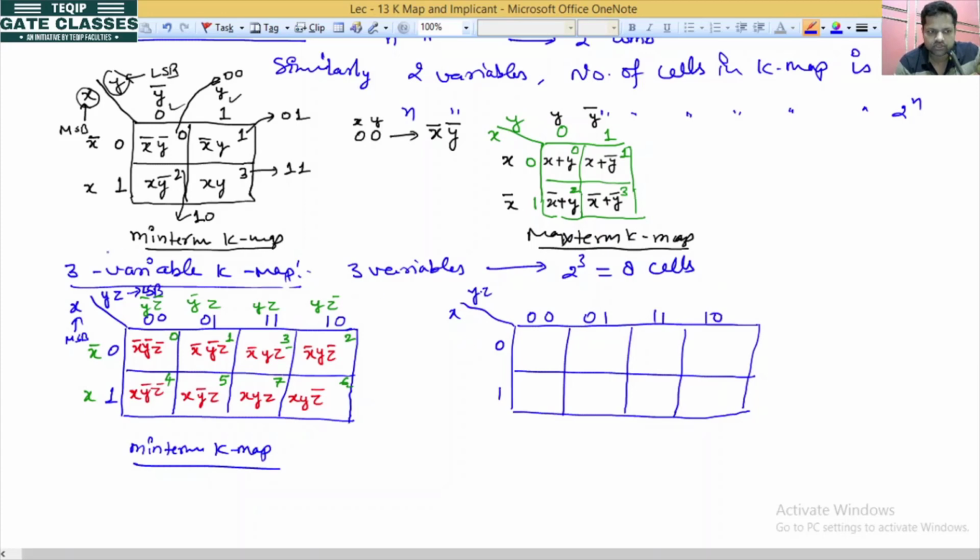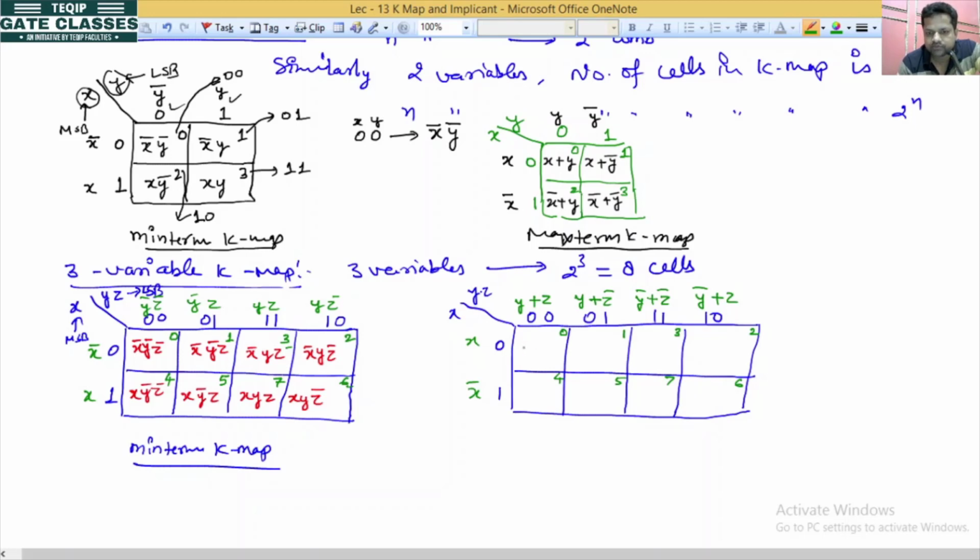What will this represent? 0 0 represents x, similarly it is 0 so it will be y, this z is also 0, so it will be z, and in between we are ORing, so it will be y plus z bar, y bar plus z bar, y bar plus z. If you want to write the decimal equivalent: 0, 1, jump, 1, 2, come back, 3, 4, 5, 6, 7. Okay?